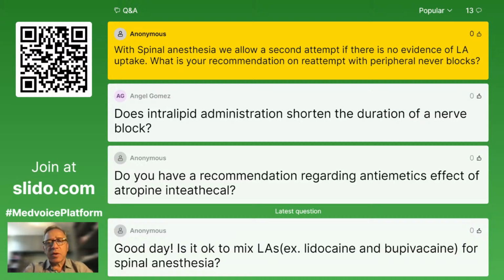As a recommendation with the peripheral nerve blocks, particularly if you have ultrasound available, you need to carefully assess whether the block didn't work altogether or you missed some nerves. Classically, for example, if you're performing interscalene block, the ulnar nerve is missed quite often.